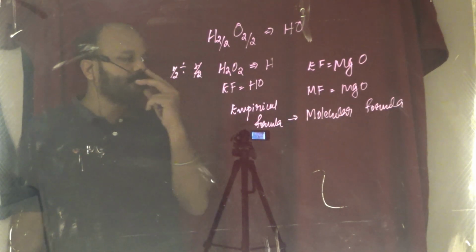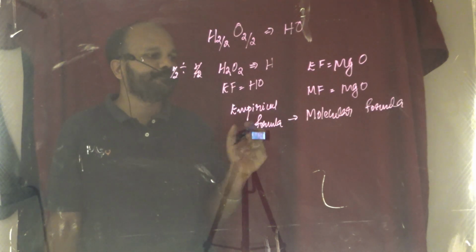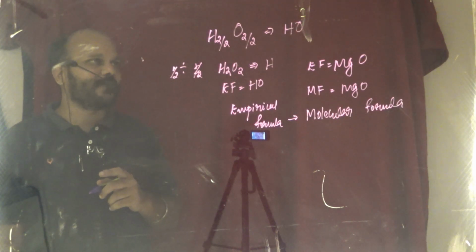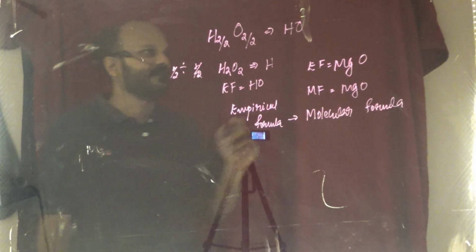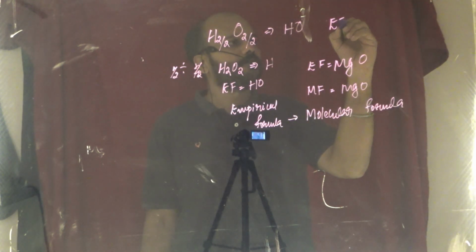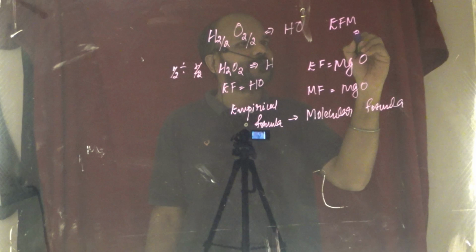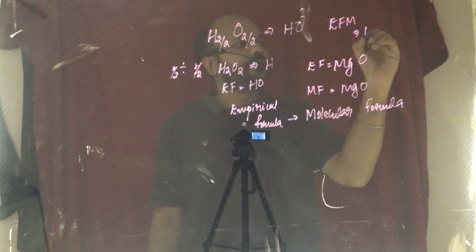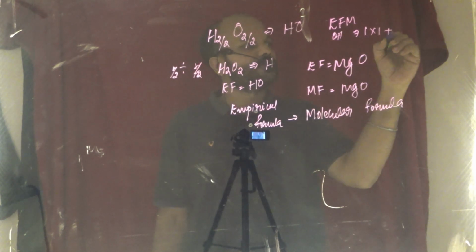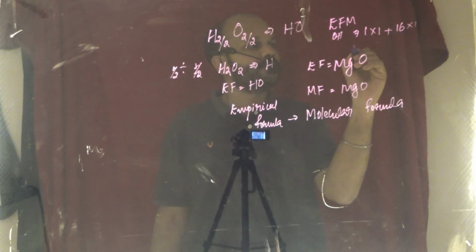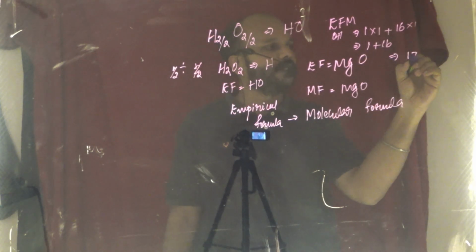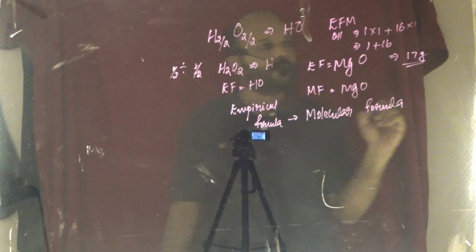Next, let's see the relation between empirical formula and molecular formula. What is the empirical formula mass here? For OH, it is 1 into 1 plus 16 into 1, so 1 plus 16 is 17 gram.